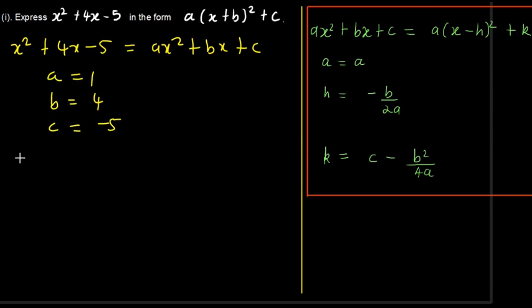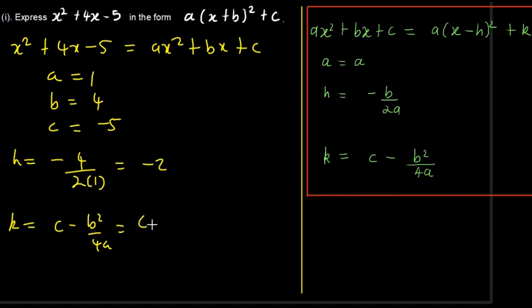And of course our h is minus b over 2a, which is minus 4 over 2 times 1, which is minus 2, and our k is equal to c minus b squared over 4a, which is minus 5 minus 4 squared over 4, minus 5 minus 16 over 4.